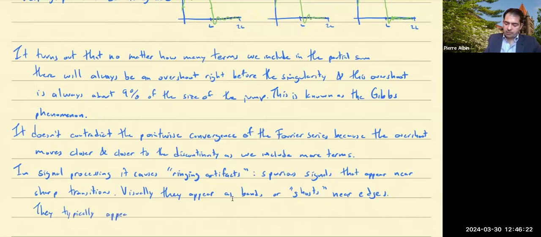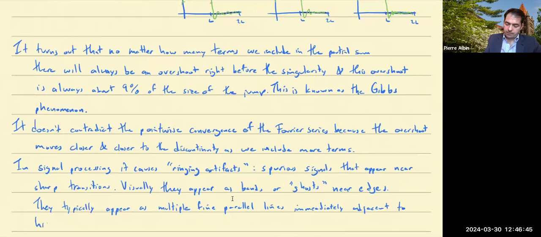They typically appear as multiple fine parallel lines immediately adjacent to high contrast interfaces.